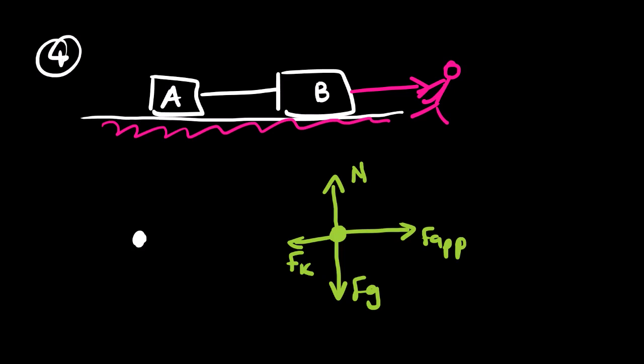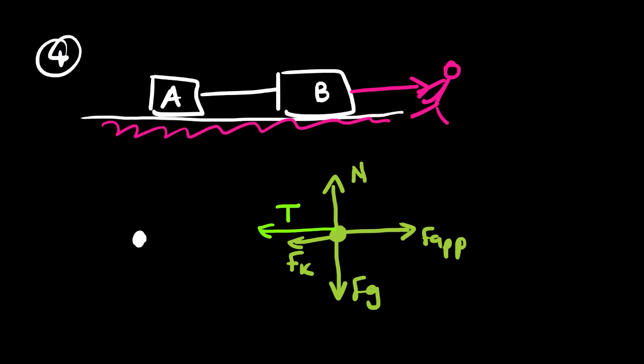As long as the object is moving and the surface is rough, we have kinetic friction. Do remember that the object can move while it doesn't experience any force applied. And then we have this force, which is tension. Remember that whenever there's a rope or a string, there is tension.